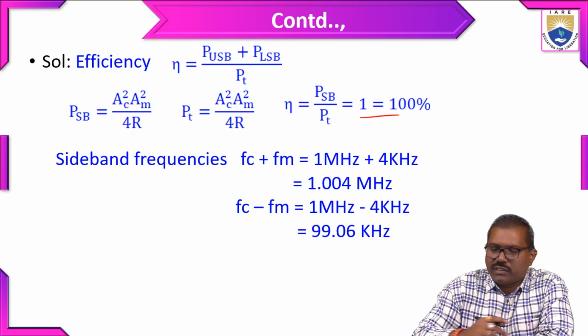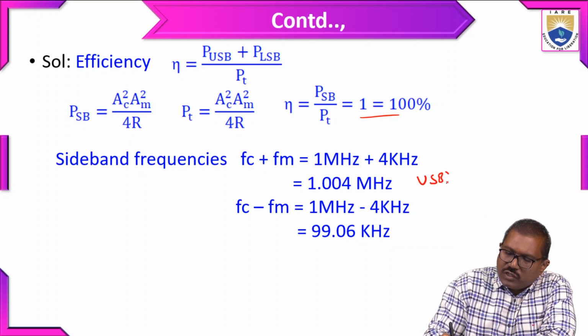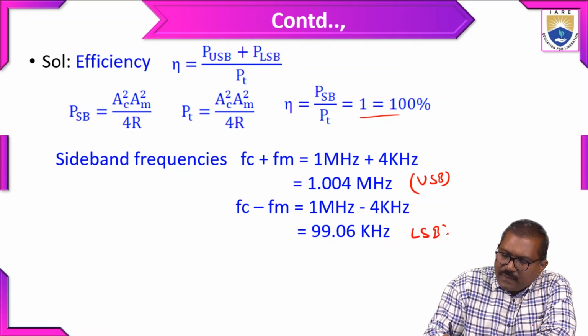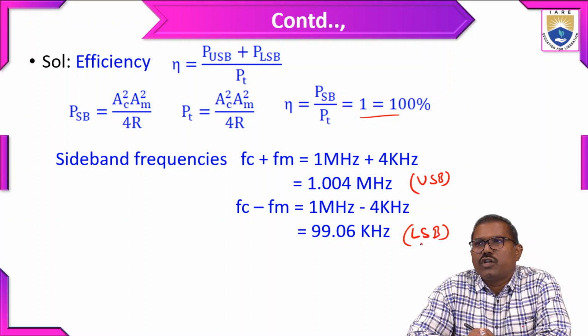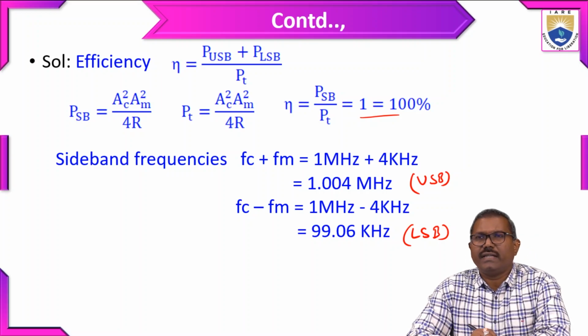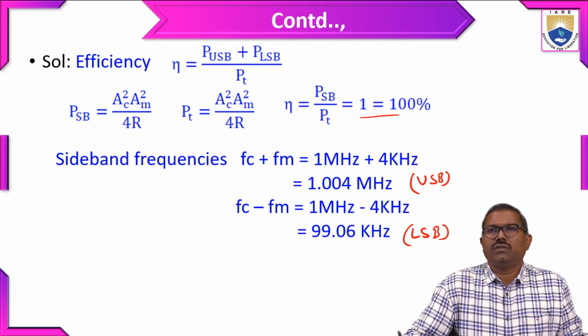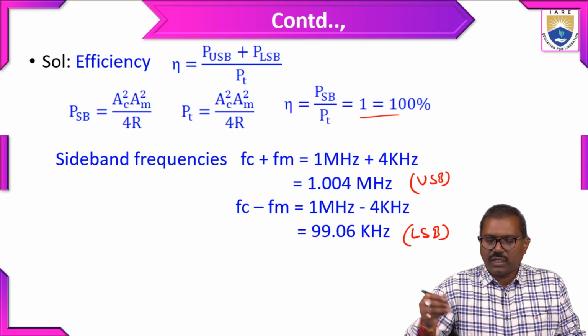And sideband frequencies we already know: upper sideband and lower sideband. For USB, fc plus fm. For LSB, fc minus fm. You know the fc value and the fm value.